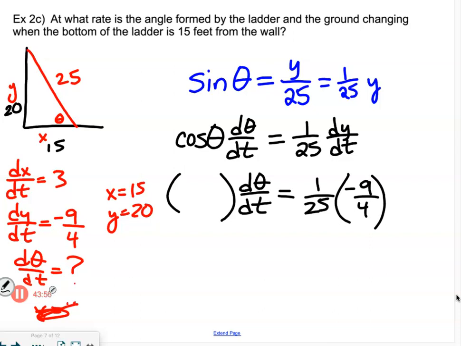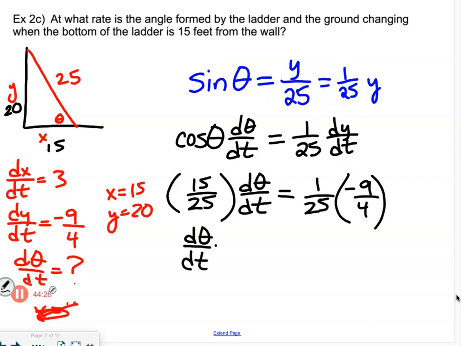So the cosine of theta is 15/25. Does everyone understand how we got that? You won't have a calculator. You're not going to be able to figure out this angle. If you come up to me and say, I don't have a calculator, how am I supposed to find the angle? Do you know what I'm going to do? I'm going to smile at you, and I'm going to say, just do your best.